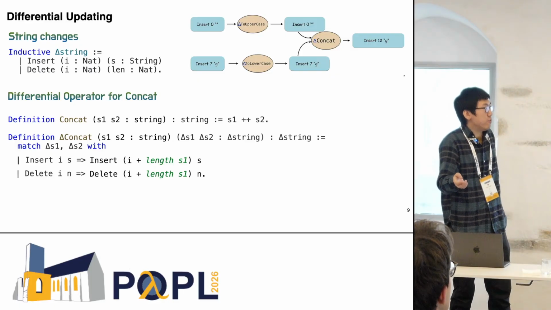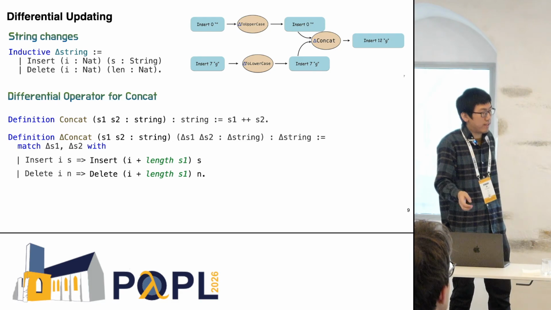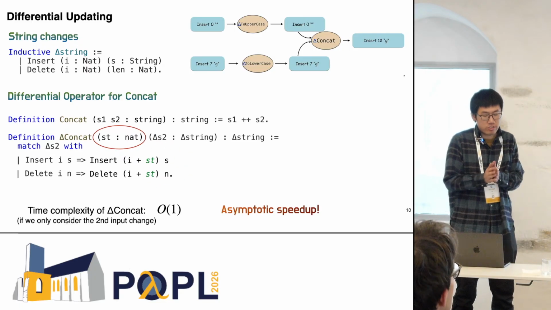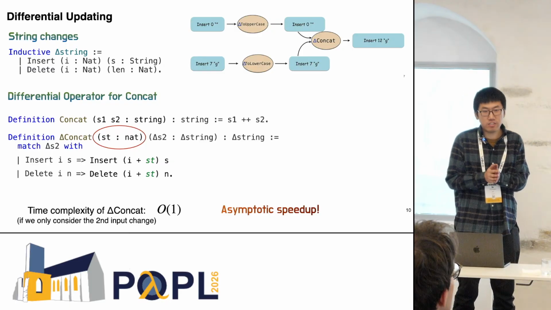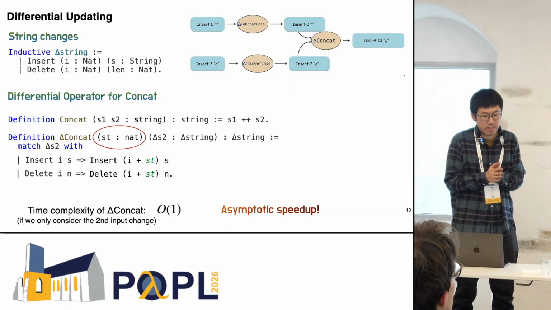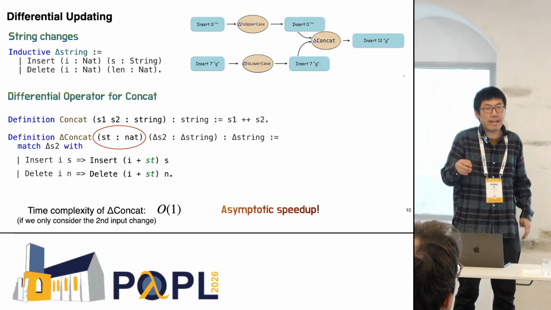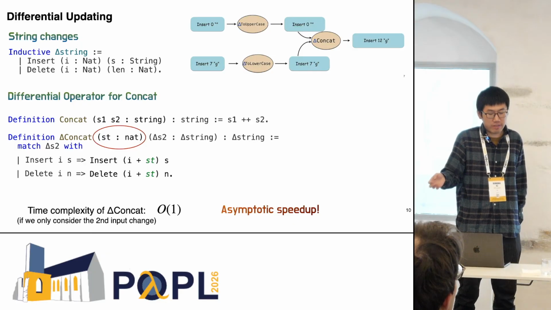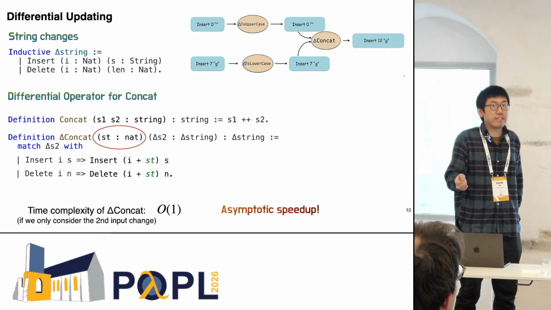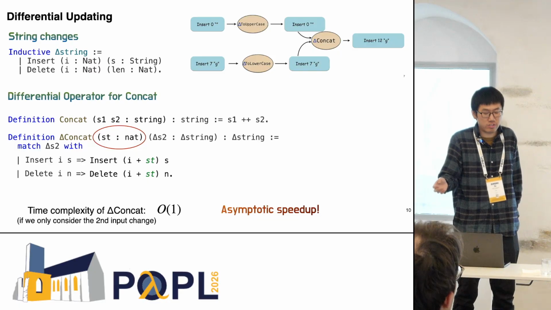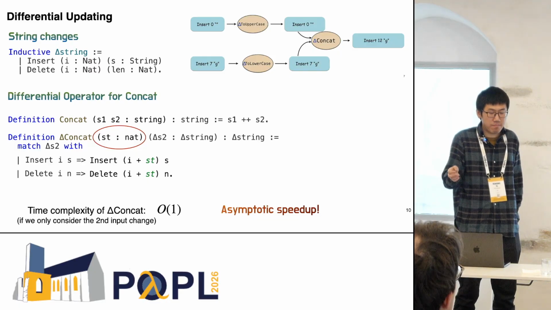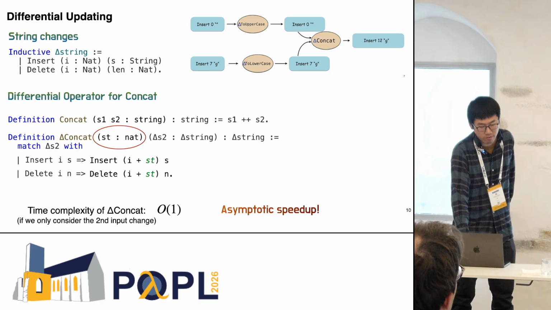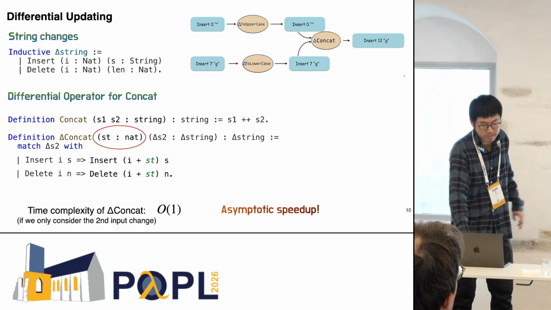It's kind of wasteful to recompute the length of S1 all the time. So why don't we just remember this information when we use the delta concat operator, which allows us to get the output change in constant time. So it's actually an asymptotic speedup that I have observed here, because usually concatenation, if we do recomputation, is linear in the size of the input, if we only consider second input changes in this case.